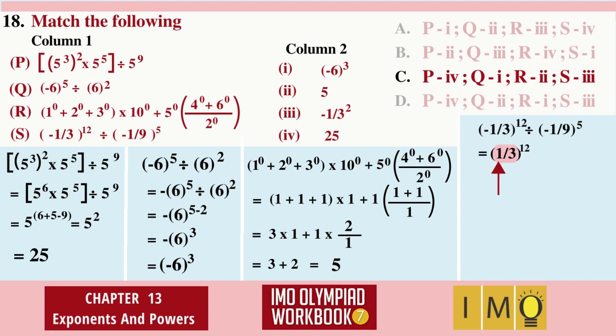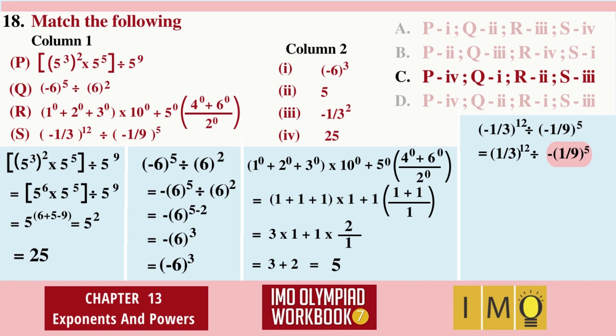That gives us 1 by 3 whole raised to 12. But in the second term, the exponent is an odd number. So, the negative sign will be retained. What results is minus of 1 by 9 whole raised to 5.